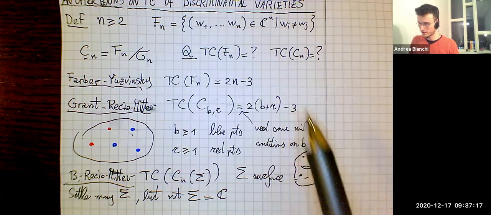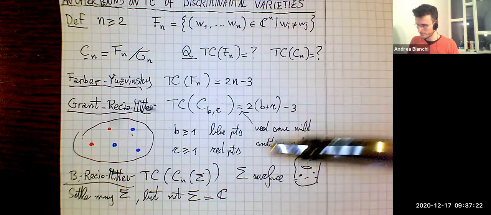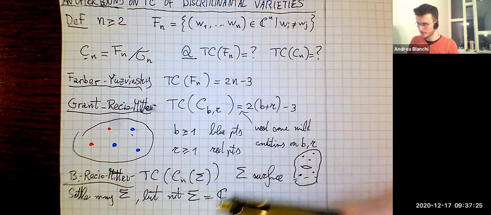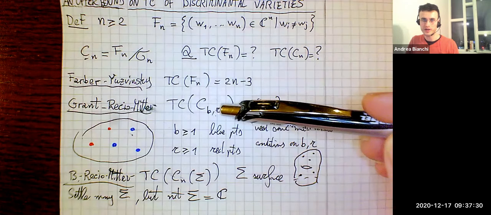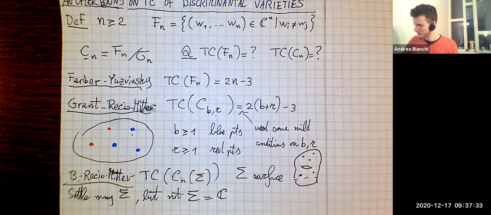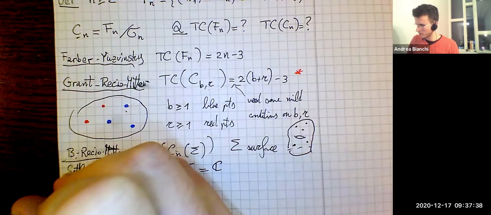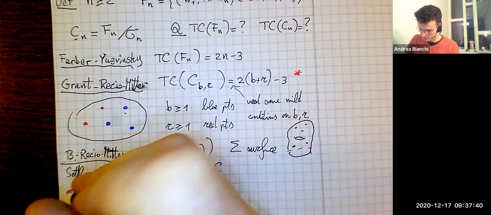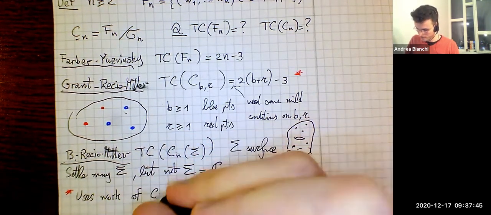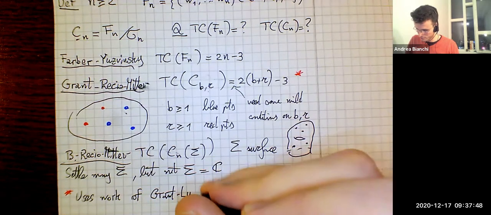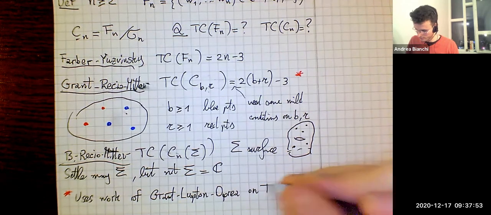Let me also say that there are very different techniques behind all these results. So here we use the homology of the underlying space. Here, this space is treated as a spherical space, and so this result uses work of Grant, Lupton, and Oprea on TC of spherical spaces.